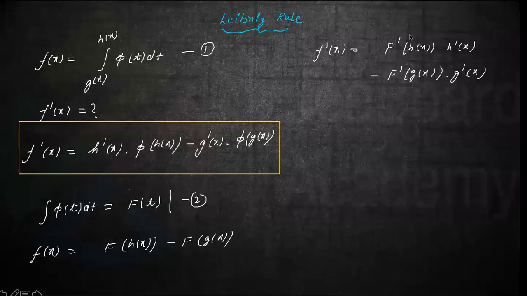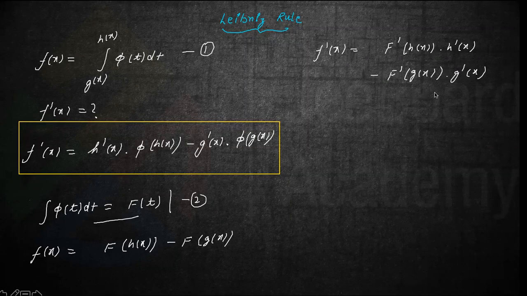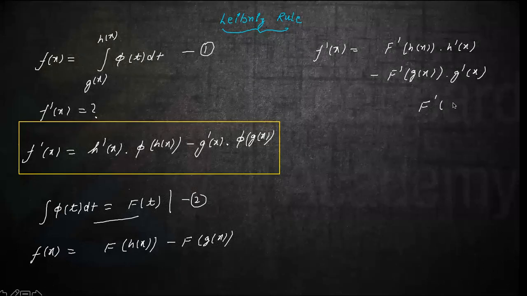We can replace this with the phi function, because the integral of phi is capital F of t, so the derivative of this capital F will be phi. So basically what we want to say is the derivative of capital F of x will be equal to phi of x, because the integral of phi is capital F of t. So we can write down f dash x equals, the capital F dash will be replaced by phi.